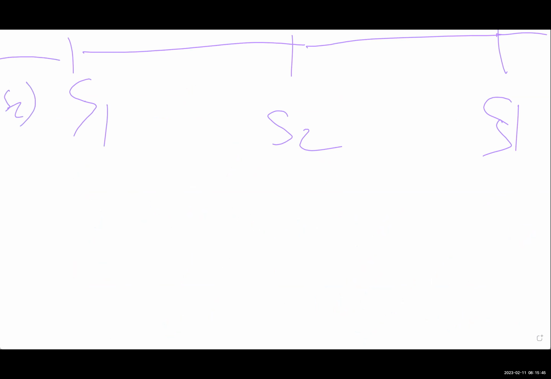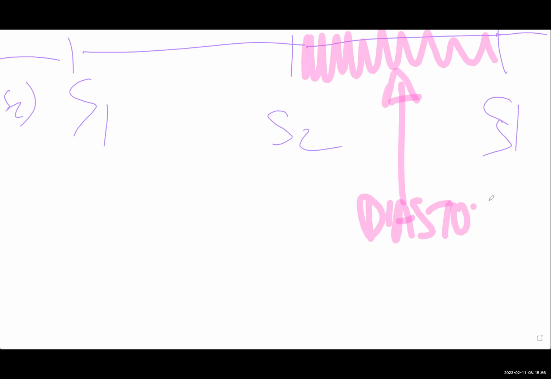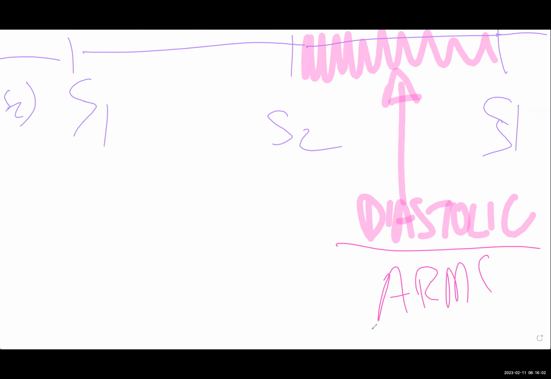So you have diastolic murmurs, right, which are what? So you have diastolic murmurs, which occur here, right? These are your diastolic murmurs. And these are just your ARMS and your PARTS. So aortic regurg and mitral stenosis. Okay. And where are your systolic murmurs? What color is systolic?